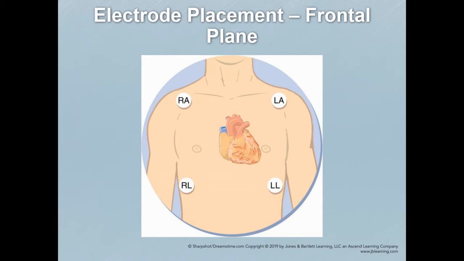Also, keep in mind that in the in-hospital setting, the correct placement of electrodes would be on the insides of the wrists and the insides of the ankles, with your patient lying very still. That's to get the biggest picture possible of what's going on electrically in the heart.